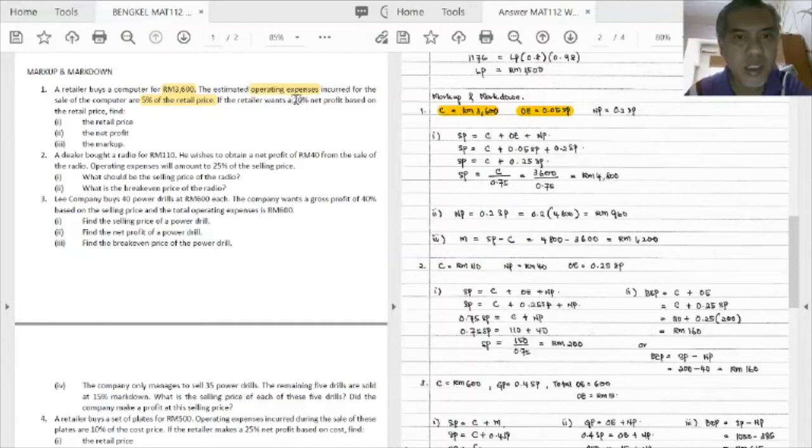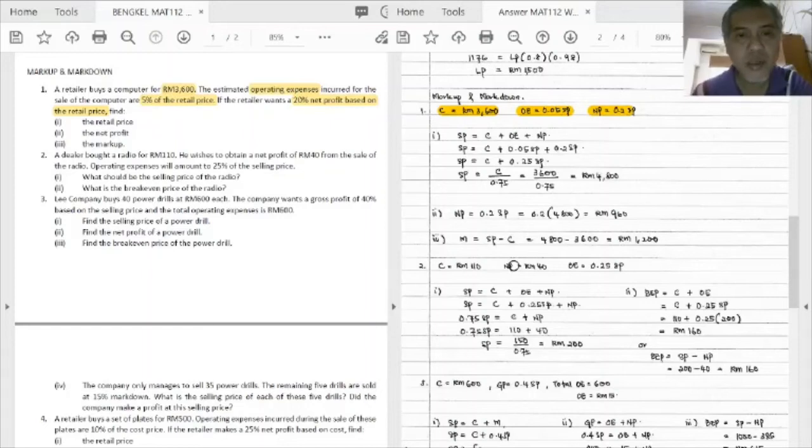This gives you the net profit, NP, which is 20% of the retail price, that is 0.2 SP. These are the three pieces of information given in the question itself.